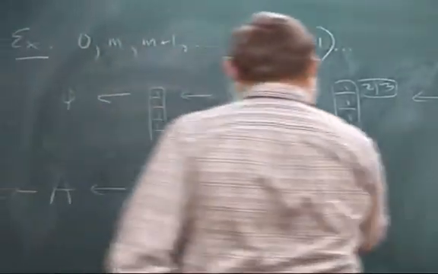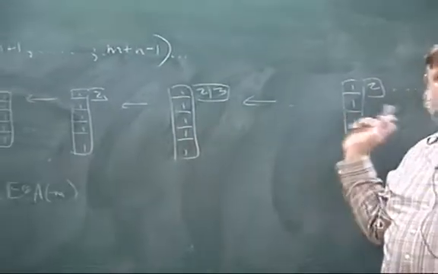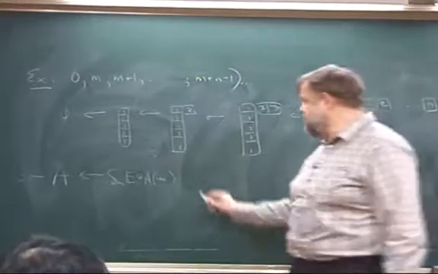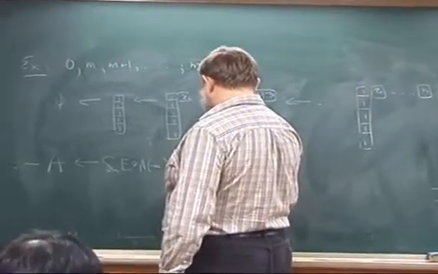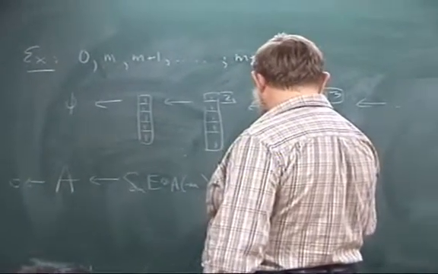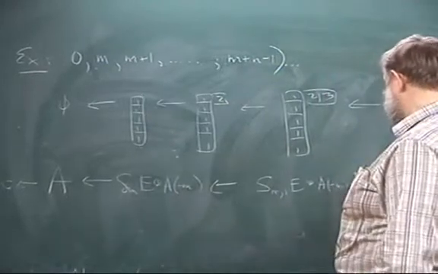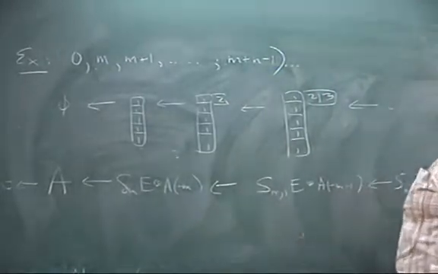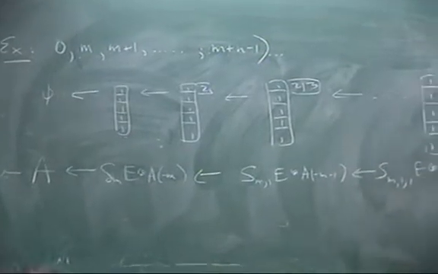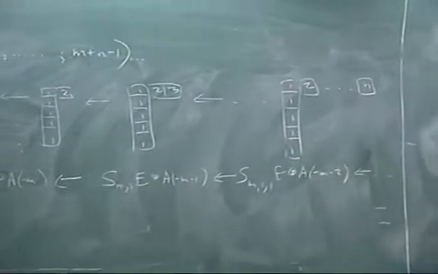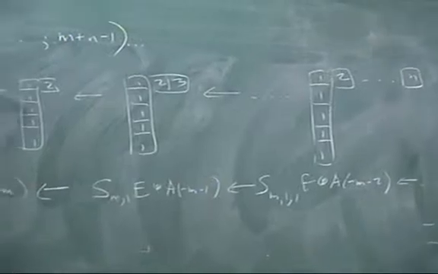And well, if you write them in terms of representation theory, you know that these are exactly those Hook Schur functors. So this would be S_M1 E tensor A minus m minus 1, S_M2 1 E tensor A minus m minus 2, etc. I'm sure some of you are familiar with this resolution, but maybe by different names.